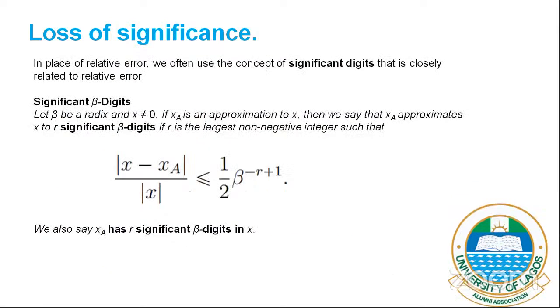Now, when you see 1/2, is it times or is it an exponent? It's times, sir. Then this beta is an exponential. Minus R plus 1 is raised to power. The beta is the base, sir. Yes, the base. We are looking at it in base 10, raised to power R, which is the exponent. Minus R plus the 1 is the exponent, sir.